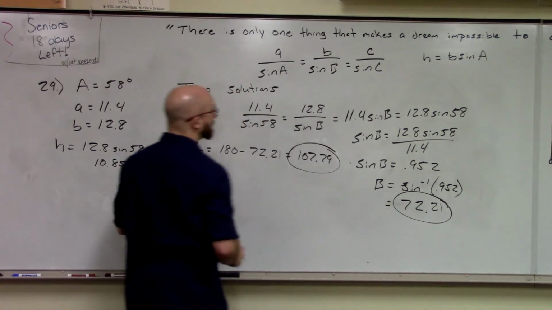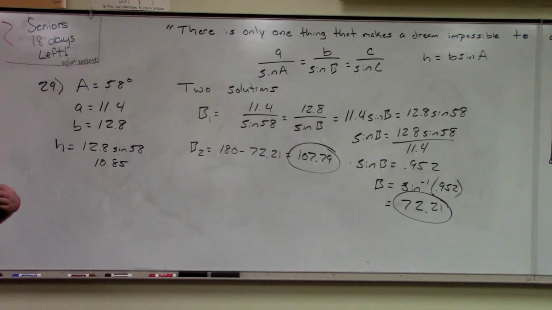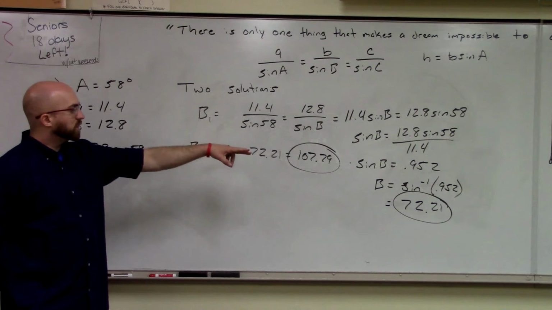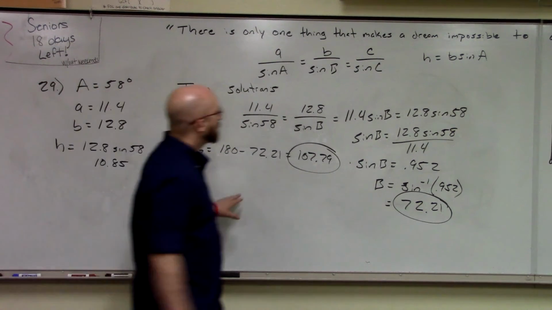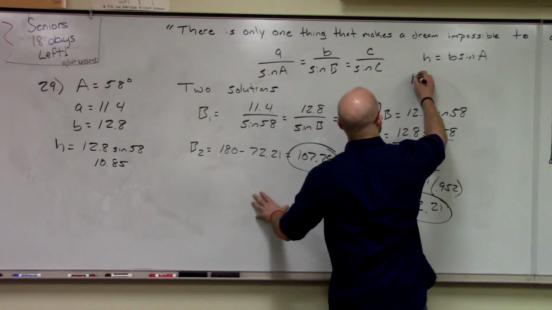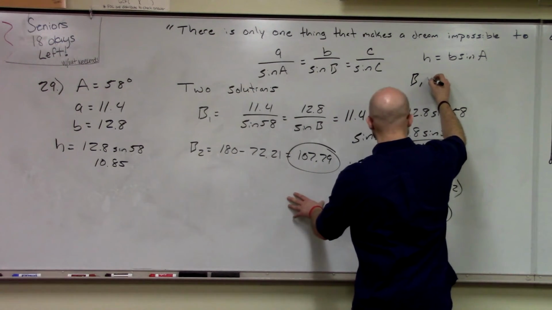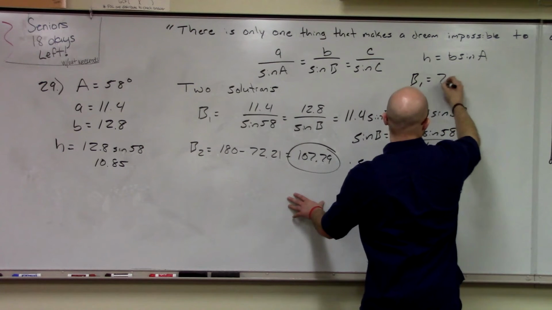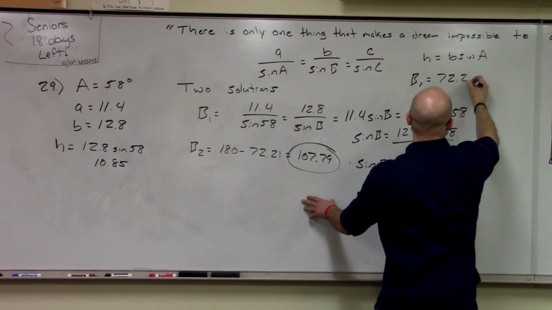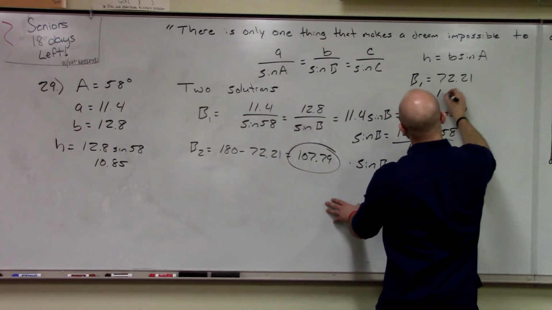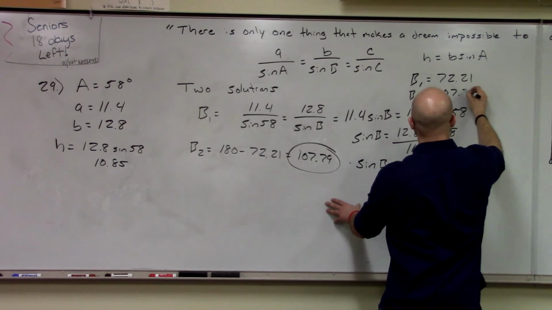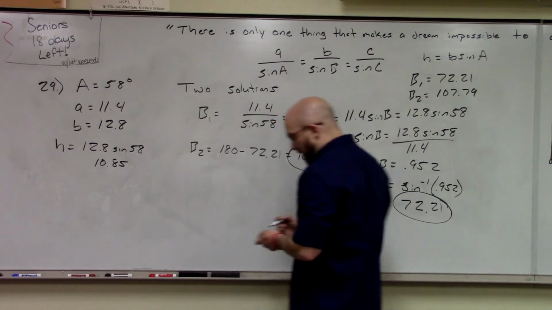Alright, so that's our answer for B2. Alright, so we have B1, 72.21, and B2 equals 107.79. So I'm going to write that up right here real quick so I can erase it so I have room. Alright, so that's that first part.